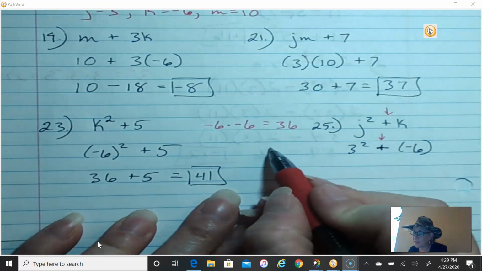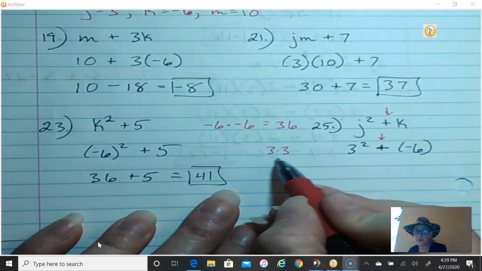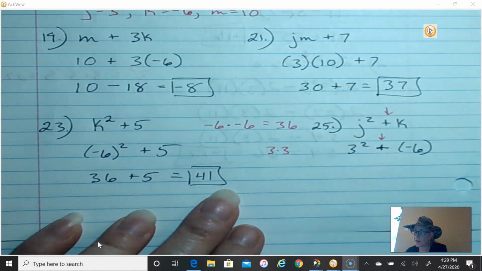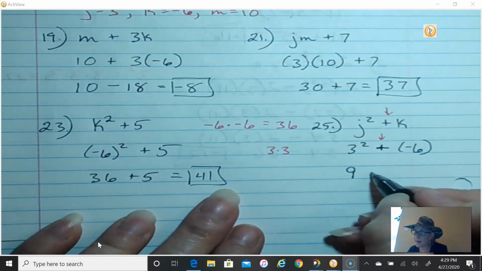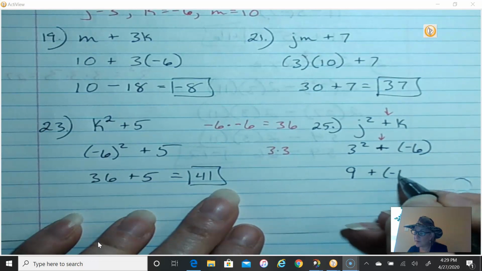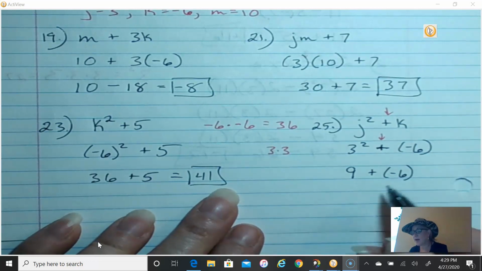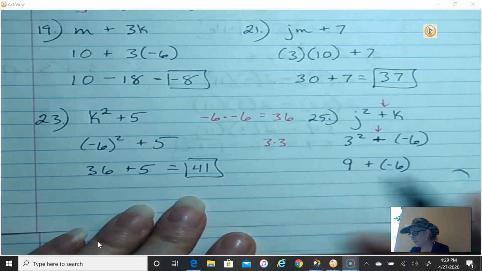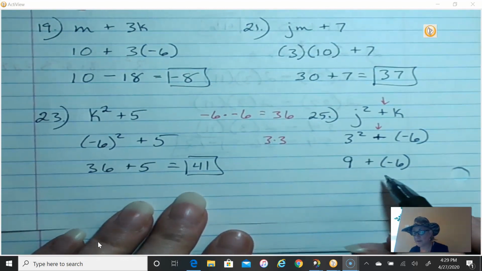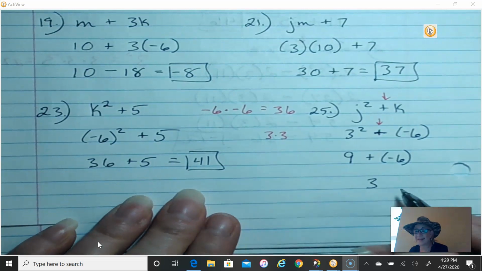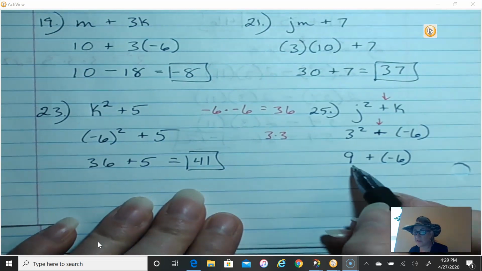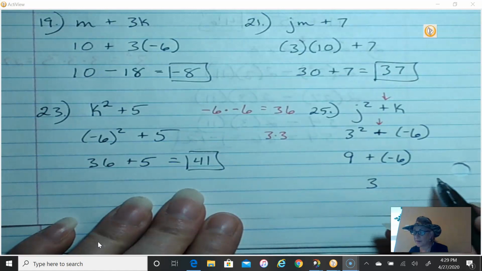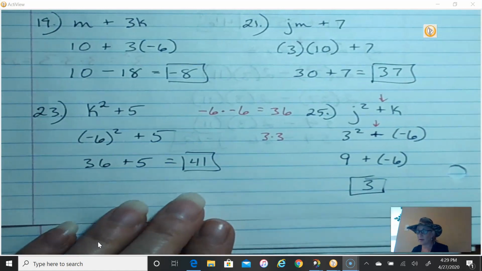That is the same as saying 3 times itself 2 times. So 3 times 3 is 9 plus negative 6. All right, that's a positive and negative. We subtract, which is 3, and take the sign of the largest digit. Largest digit is 9, and it's positive. There you go.